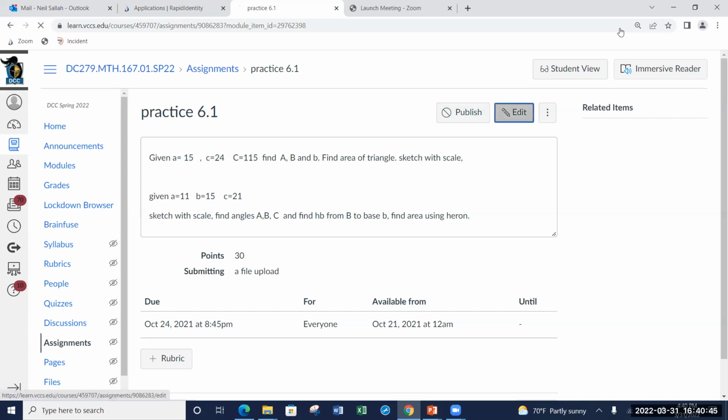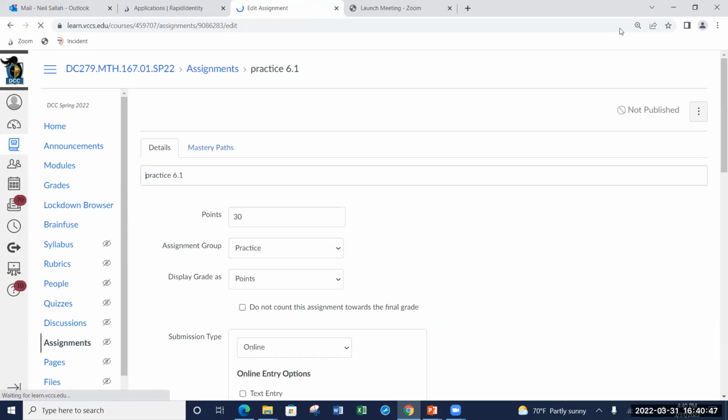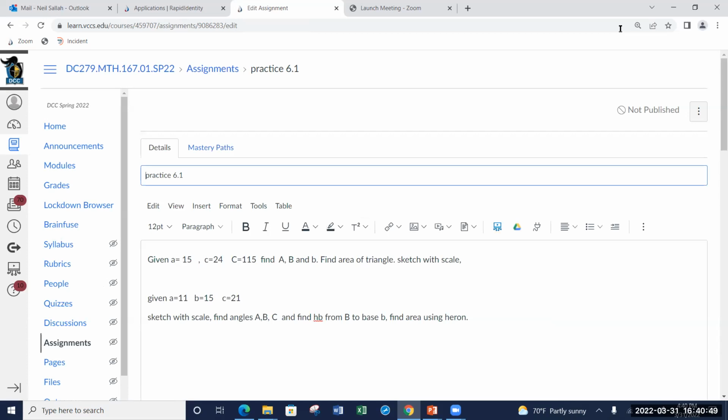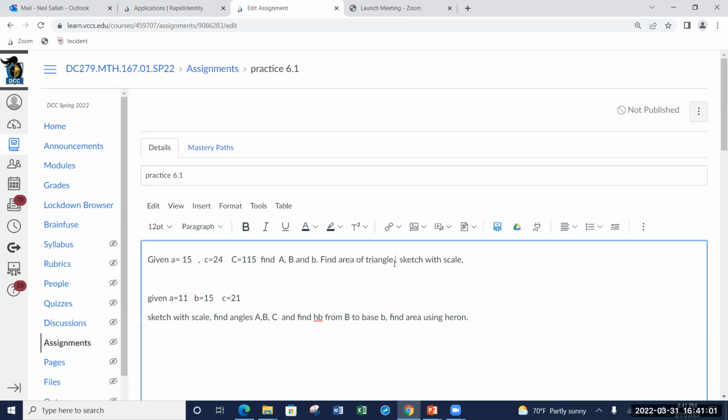I need to edit this one. Area of triangle using 2 formulas, 2 different formulas.